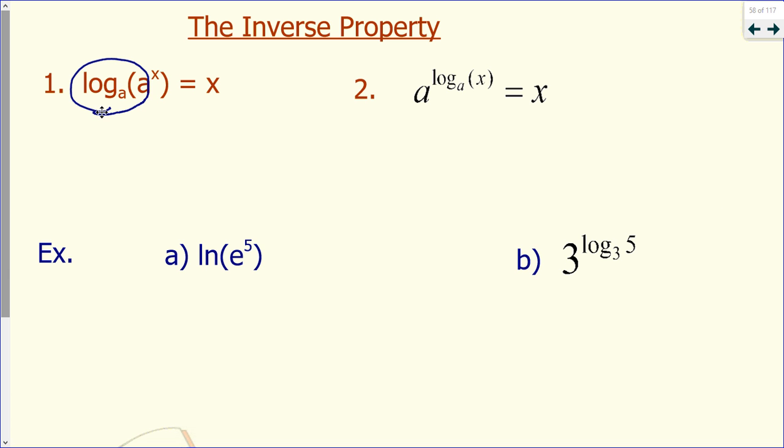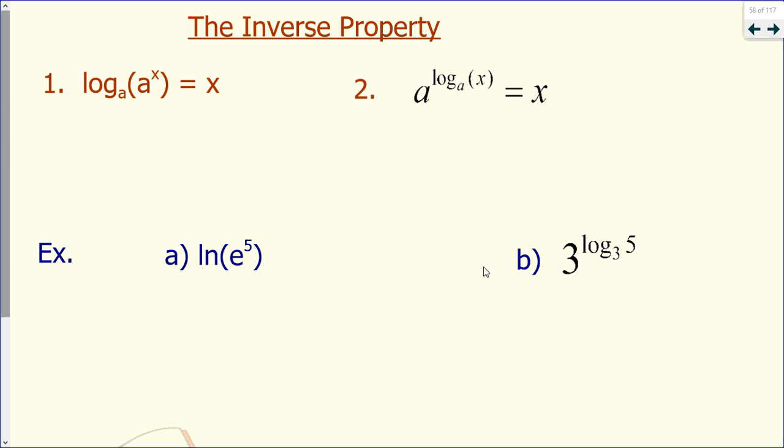Because logs and exponentials are inverses of one another, I think of the log and the exponential as absorbing each other or canceling each other out, and out pops that x. So notice if the base of the log and the base of the exponential are the same, they're going to cancel out. Likewise, we have a to the log base a of x.